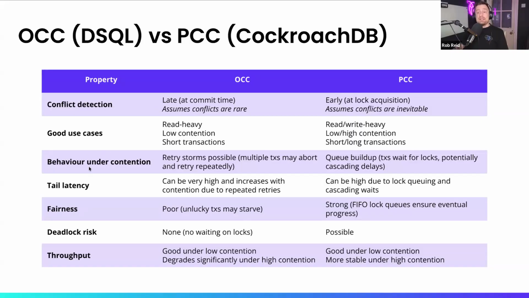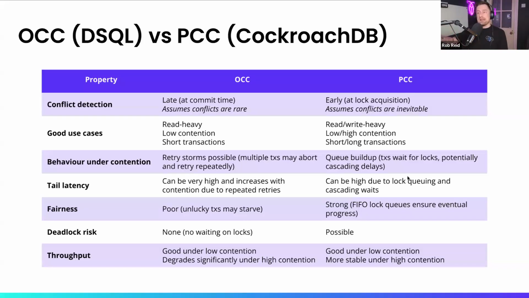The behavior under contention is interesting. So with OCC, retry storms are possible. So if multiple transactions abort and they retry repeatedly, that's called a retry storm. That's possible in OCC. But in PCC, you might get queue buildup. So if you've got lots of consumers waiting to update the same row, I'm not sure why you would, but you might build up a queue of transactions all waiting to commit data.